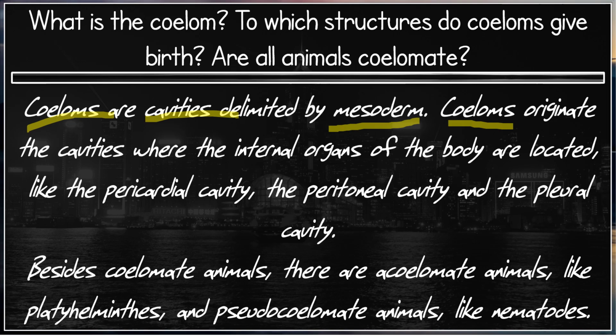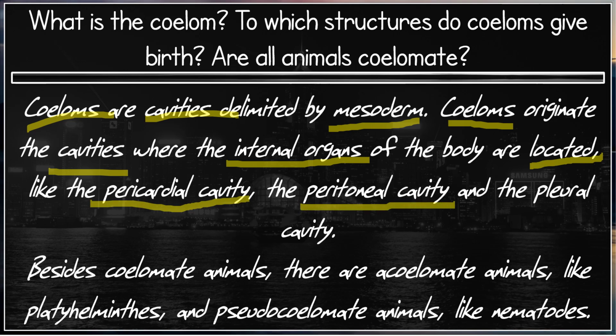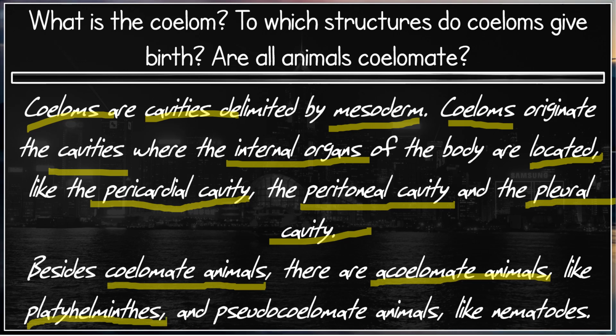Coelom originates the cavities where the internal organs of the body are located, like the pericardial cavity, peritoneal cavity, and the pleural cavity. Besides the coelomate animals, there are acoelomate animals, like the platyhelminths, and pseudocoelomate animals, like the nematodes.